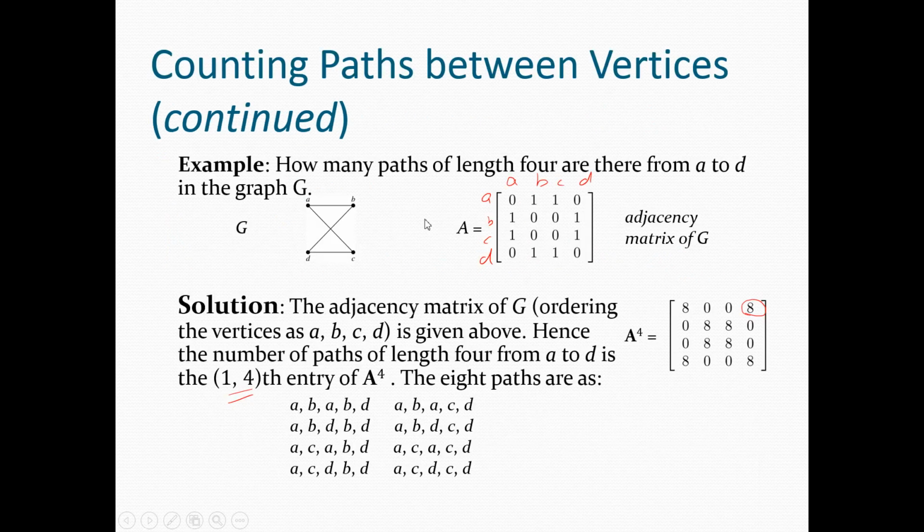So we have to find the paths of length 4 from A to D. So we have to find A^4, that is, we have to multiply A 4 times. And why the 1,4 entry? Because of this position. That is why I wrote these positions here. A and D are connected in this position. So this position in this matrix will give us the number of paths.